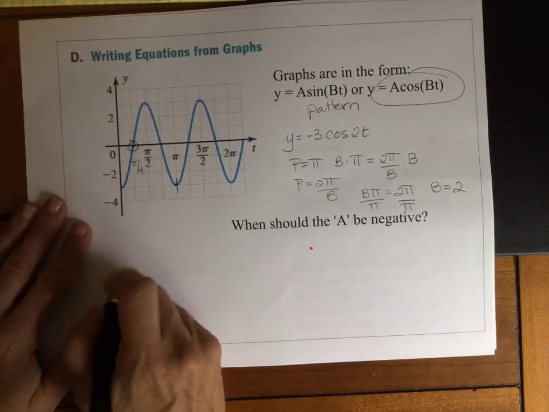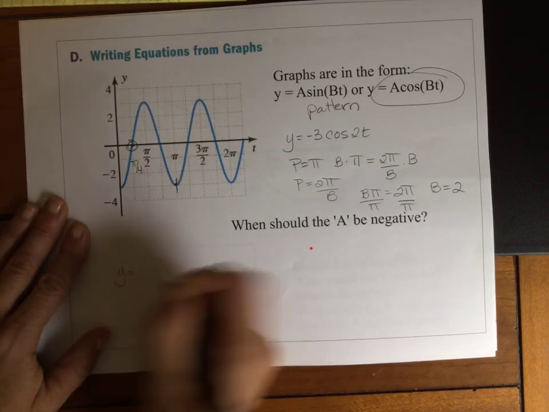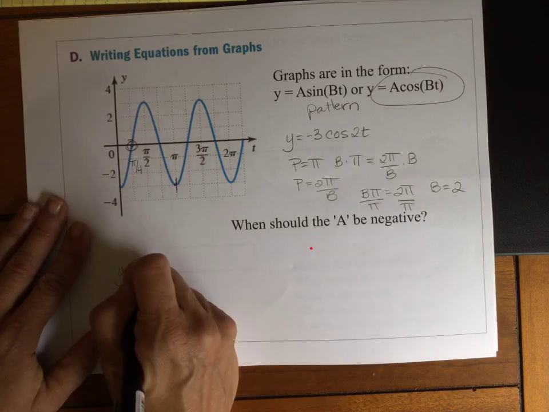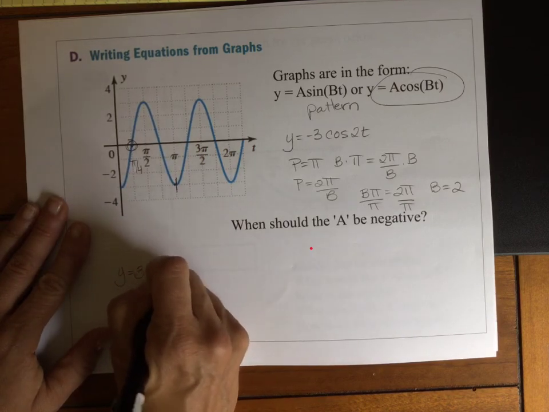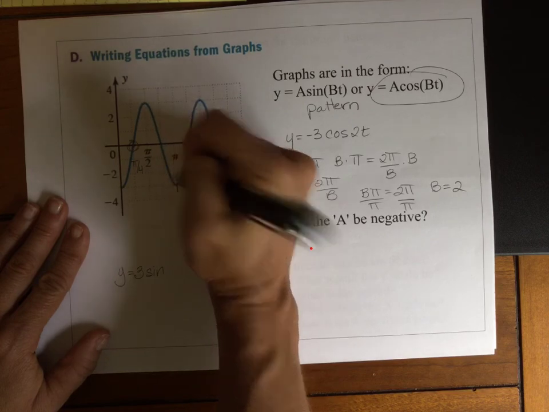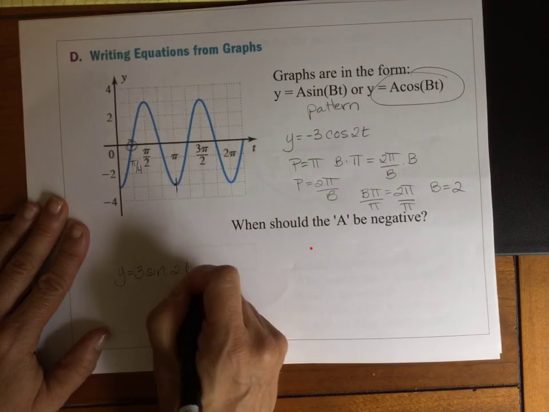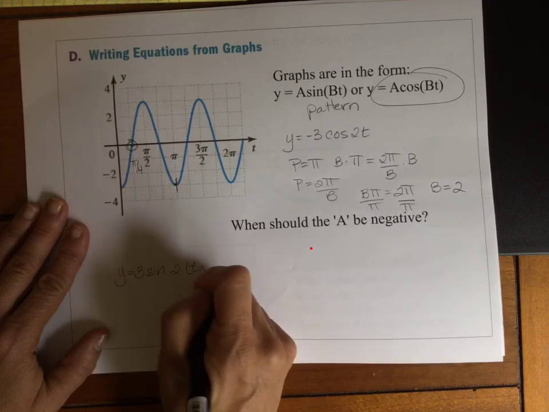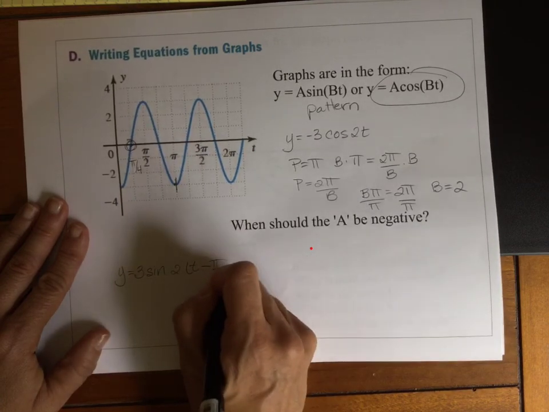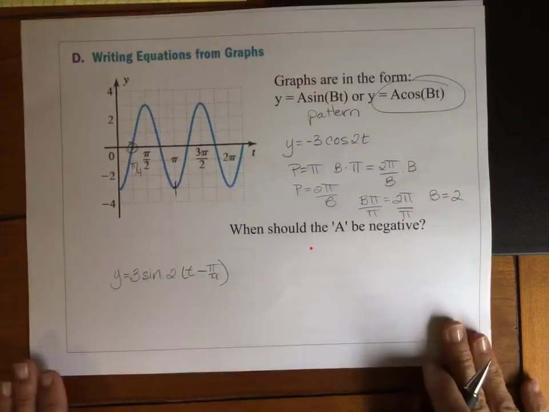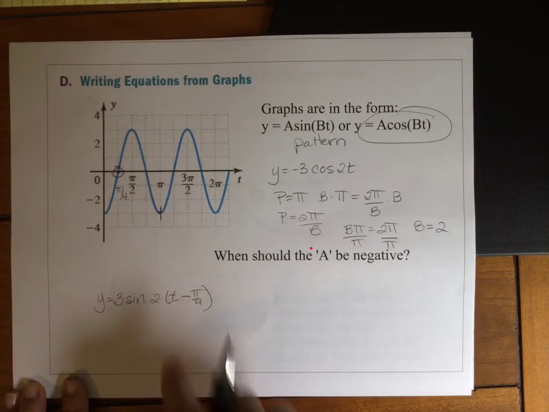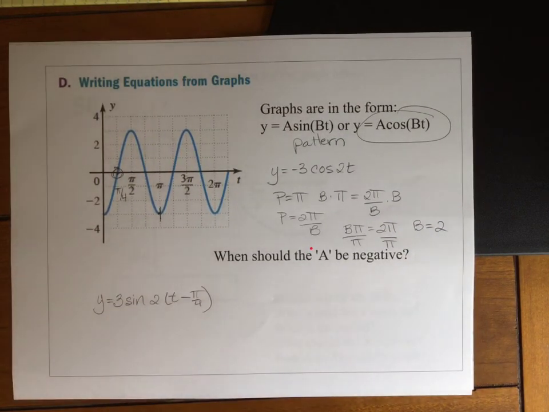So the way I would write that is y equals 3, and I'm not going to reflect it because the sine pattern goes up first, so it's not reflected, times sine of 2 parentheses t minus pi over 4. You're not going to need to know that, but I wanted you to see it in case you see it in next year's class.